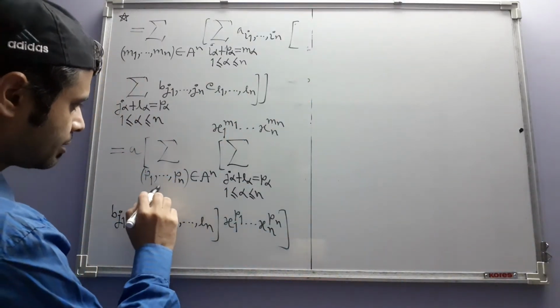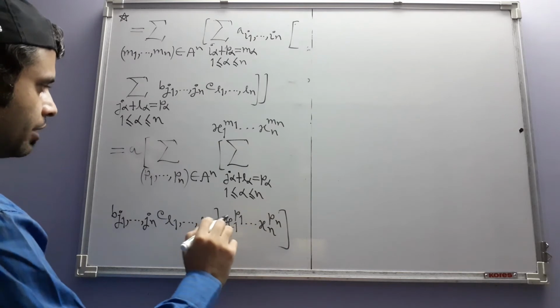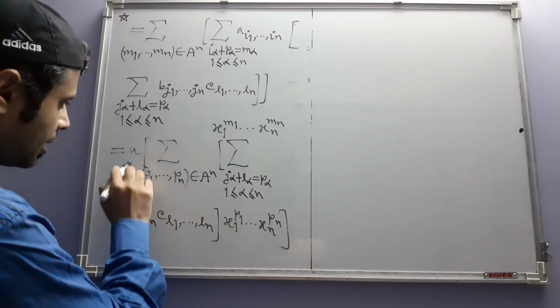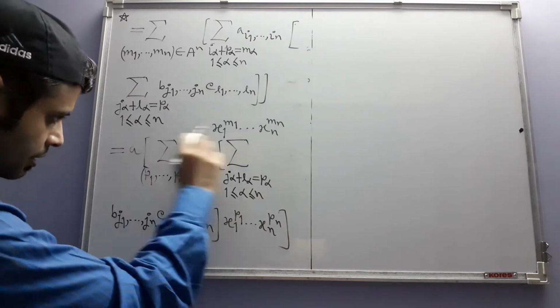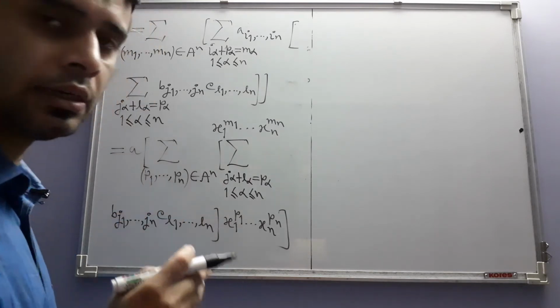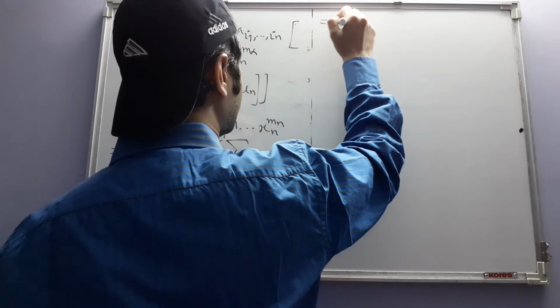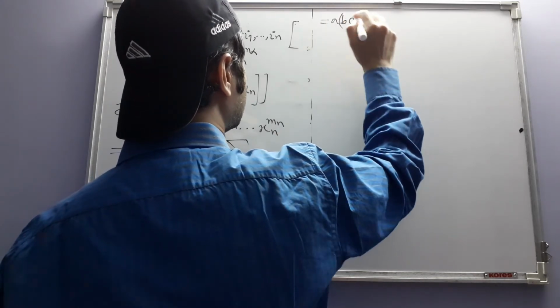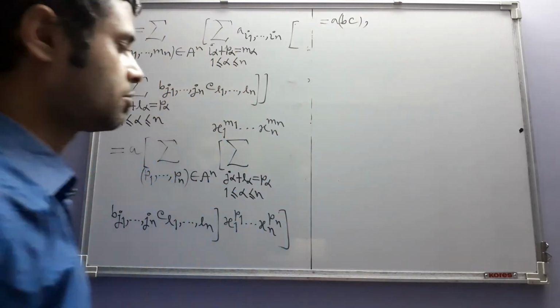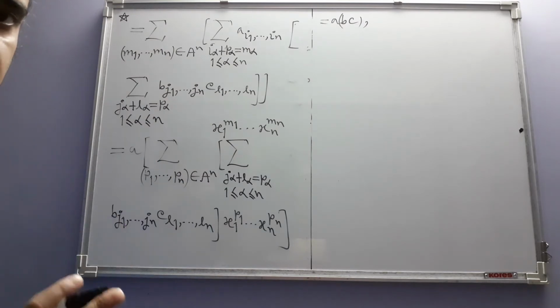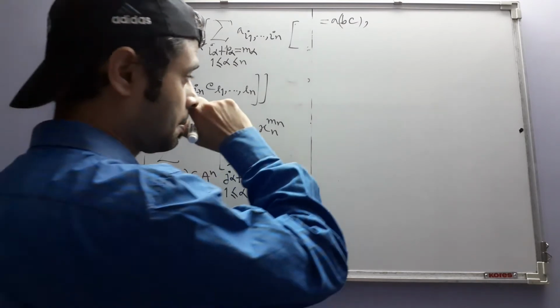And if you look at the definition of multiplication once more, this part except A is the product BC. So this is equal to A(BC), so multiplication is actually associative.